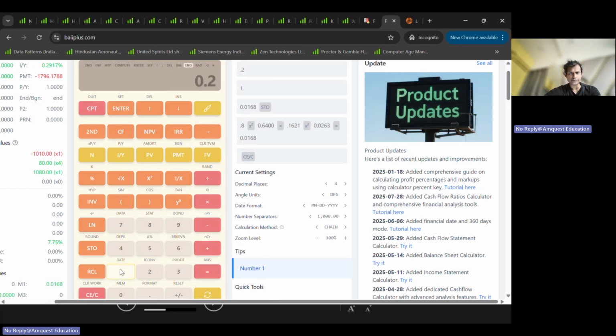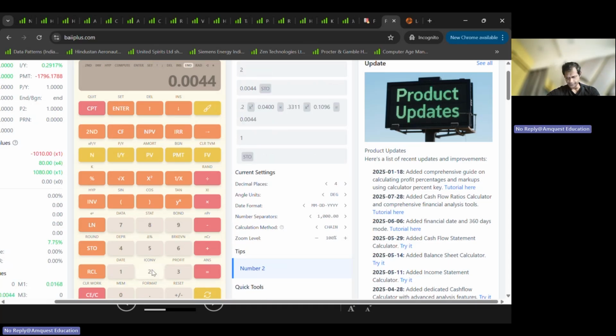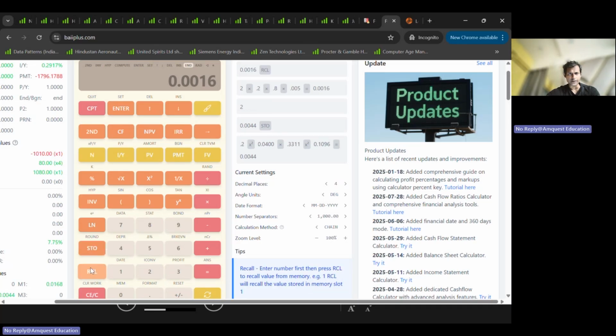Then 0.2 square into 0.3311 square is equal to this. This will be stored in 2. And then I'll do 2 into 0.2 into 0.8 into 0.05 multiply by, I'm recalling the first function and multiply by recalling the second function.